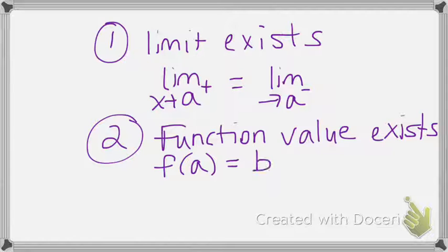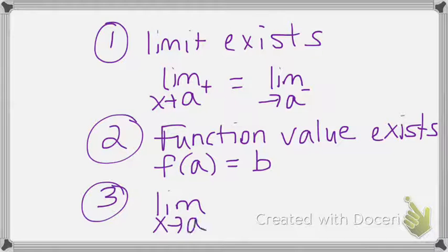So f of a equals something. There is a point there. It's not just an open circle or an asymptote. The third thing that has to be true is that the limit as x approaches a has to equal f of a. So there has to be a limit, there has to be a value of the function, and then the two things have to be the same.